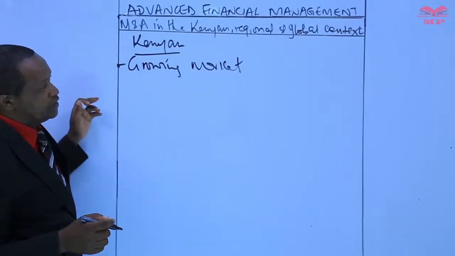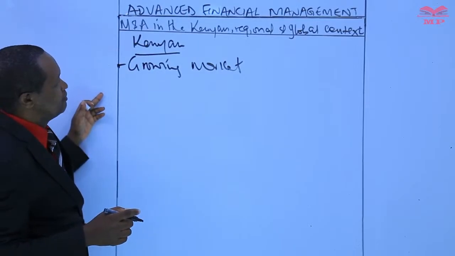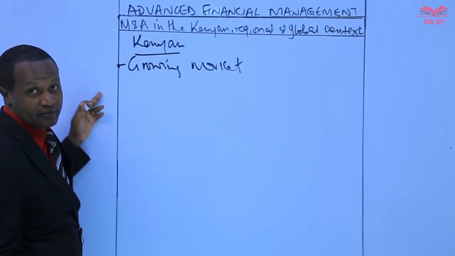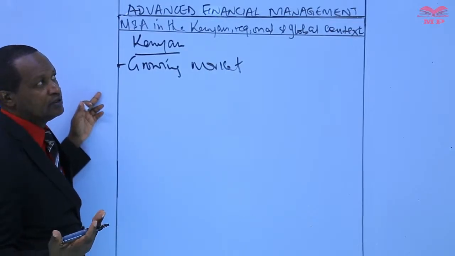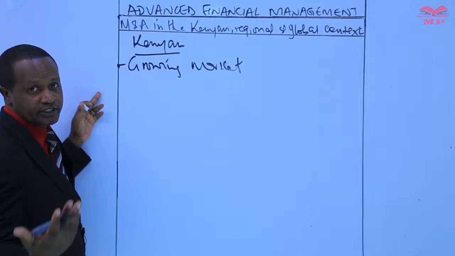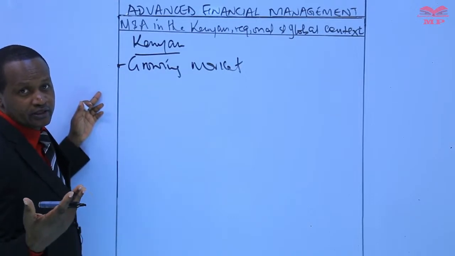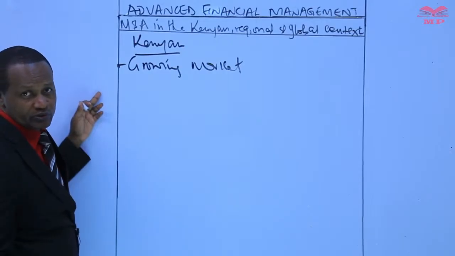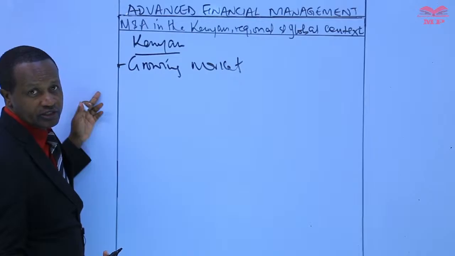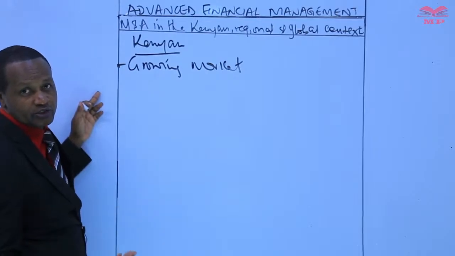Now, in trying to understand mergers and acquisitions in the Kenyan context, you may also need to look at the regulatory framework. For example, we have the Competition Authority of Kenya, which plays a crucial role in ensuring fair competition. We also have other regulatory bodies such as the Capital Markets Authority, the Central Bank, and so on.